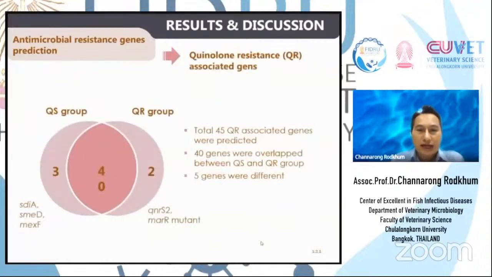When we focus on quinolone resistant, or QR, associated genes and compare between the quinolone sensitive group and the quinolone resistant group, a total of 45 quinolone resistance associated genes were predicted. 40 genes were overlapped between the quinolone sensitive and quinolone resistant groups, and 5 genes were different, including these 3 genes and these 2 genes.